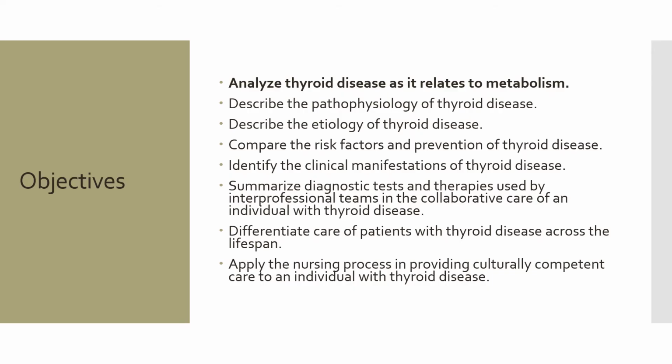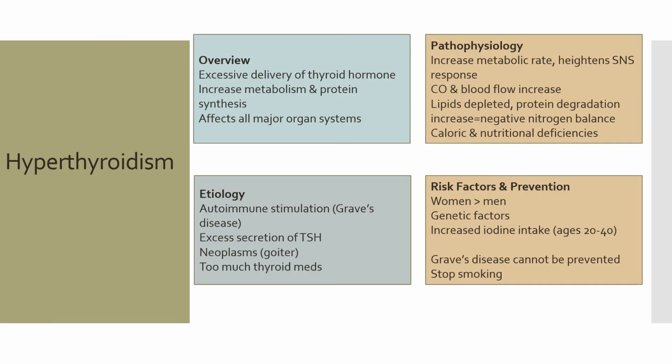Thyroid diseases. Again, I'm not going to read to you the objective slide, but it is as thyroid disease relates to metabolism. We are going to talk about hypo and hyperthyroidism. So hyperthyroidism, you have an excessive delivery of the thyroid hormone. They have so much thyroid hormone that everything is fast. They increase metabolism and protein synthesis.